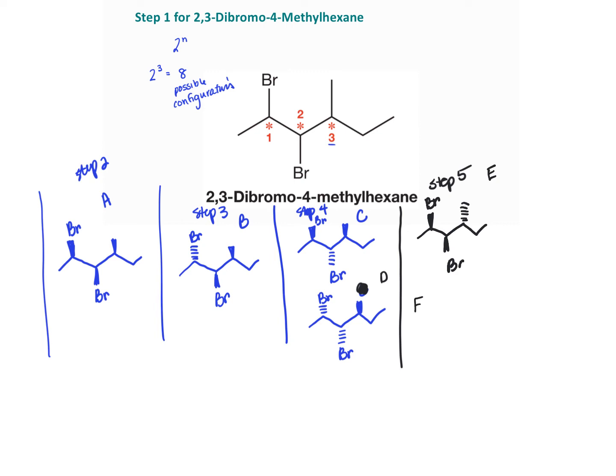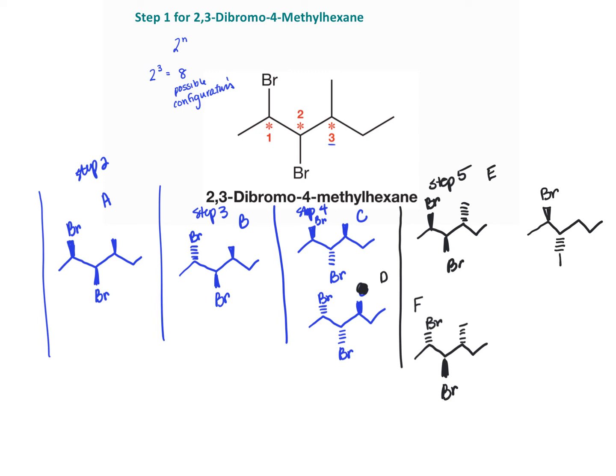And I'm going to look at B and only change that last configuration. So I'm going to leave the Br there the same and the Br here the same, and then change that one. So EF. And then here, I'm going to keep the Br the same, like C, right?